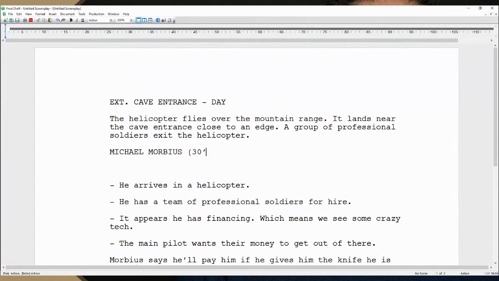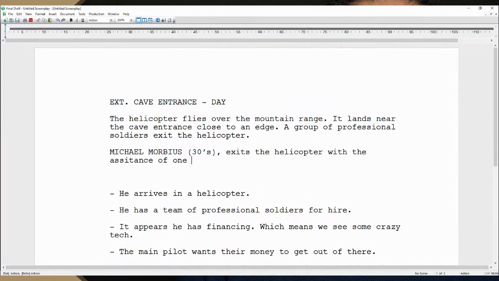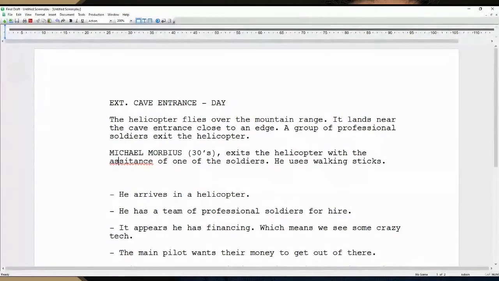He's a stupid name. Let's say 30s. Exits the helicopter with the assistance of soldiers. He uses walking sticks, or whatever they're called. I don't know. I would have to do research on that.